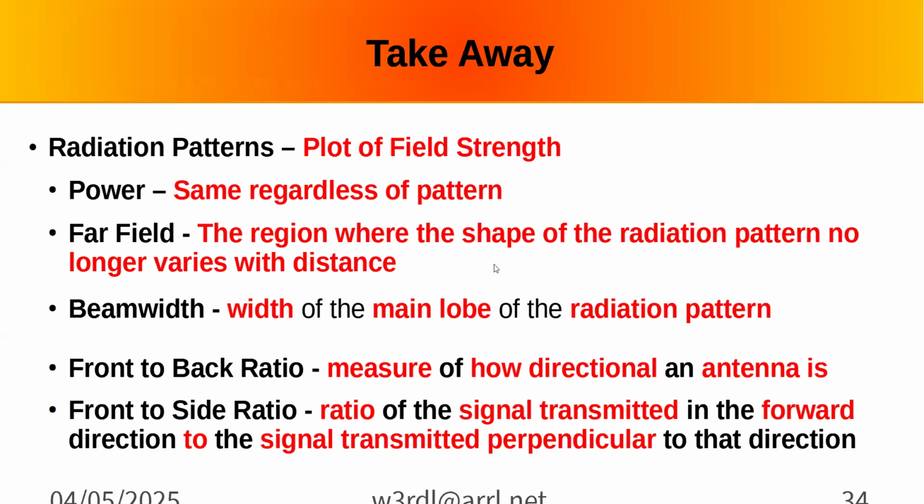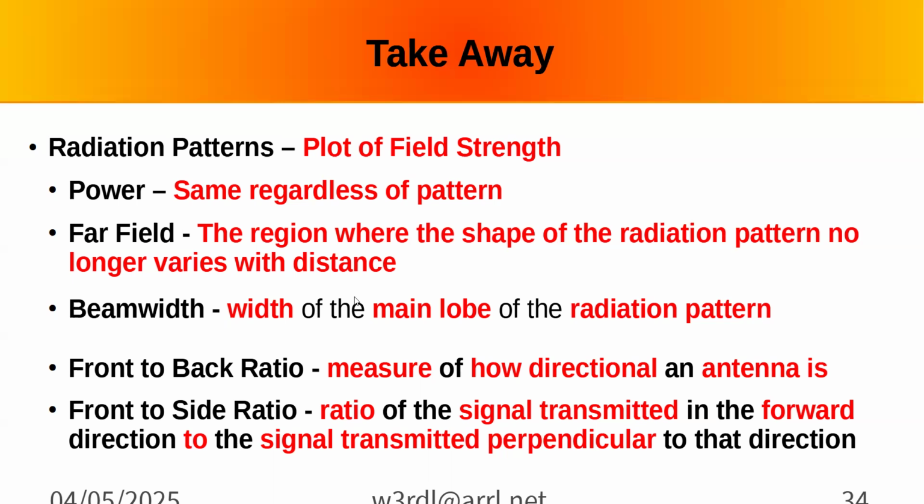The beam width is the 3 dB points of the main lobe, and whatever those two angles are. Because again, it doesn't always have to be symmetrical. You could have a weird shaped lobe. If it's not symmetrical, then it won't be times two. You just add them. You just have to look at the two points.